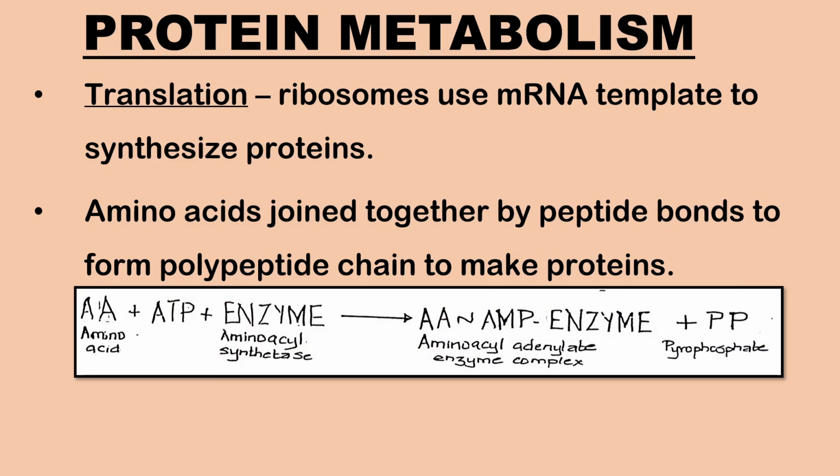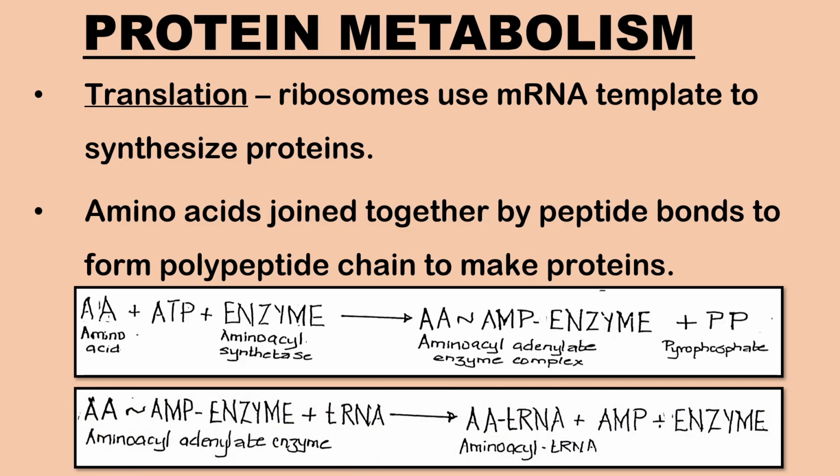In the presence of the enzyme amino acyl synthetase, the amino acid molecule is activated and each amino acid gets attached to the specific transfer RNA molecule to form an amino acyl complex.